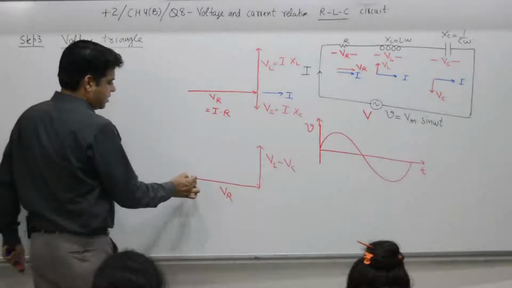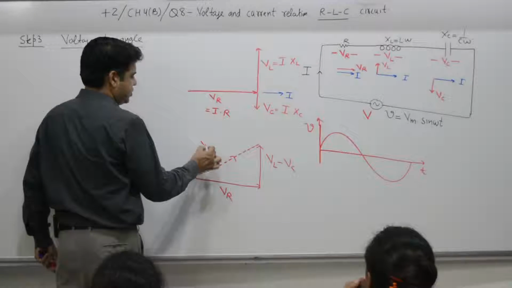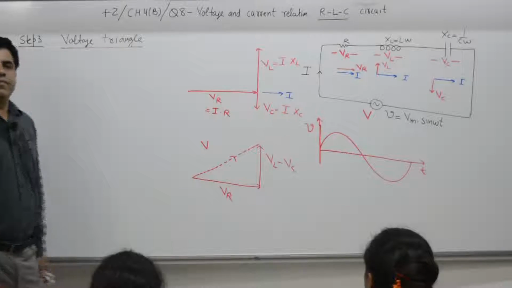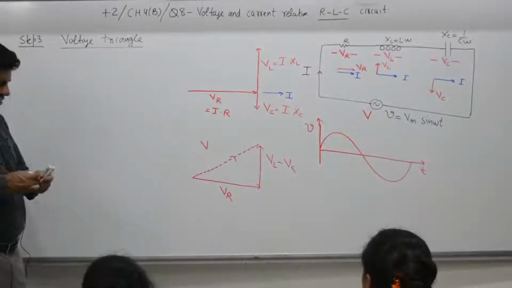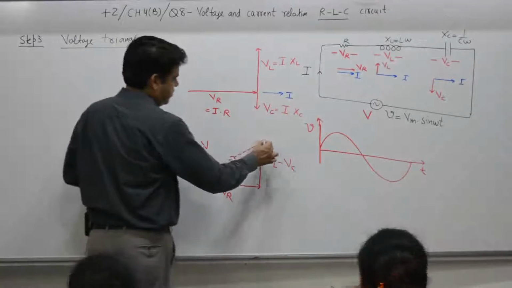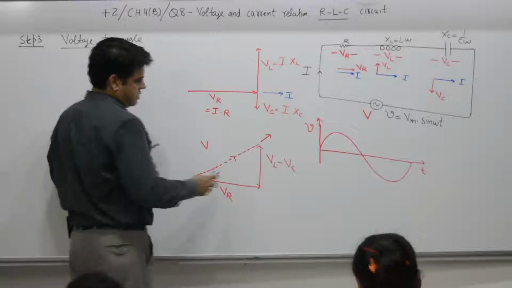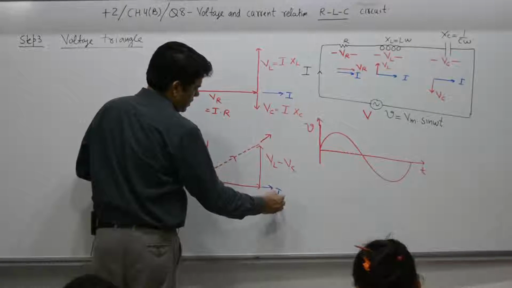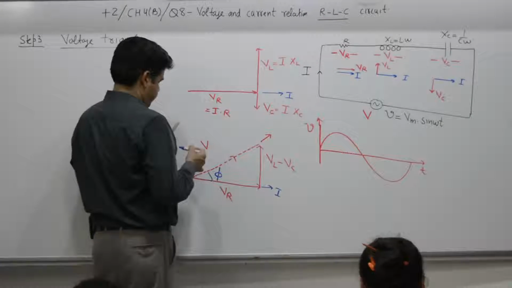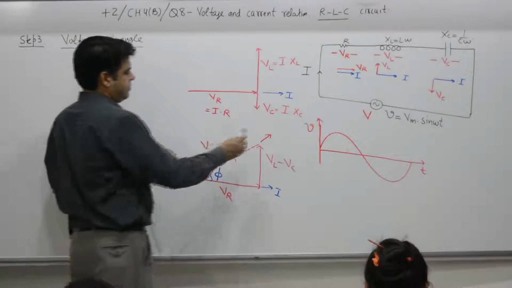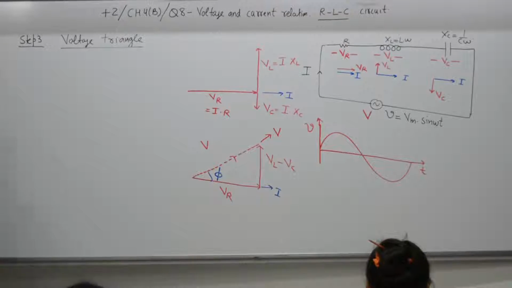That is why this third side represents voltage V. Complete. This is voltage and this is current. Angle between the two is phi. Completed. Voltage triangle.